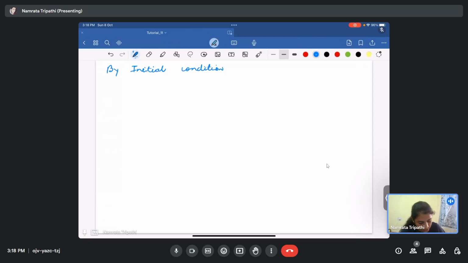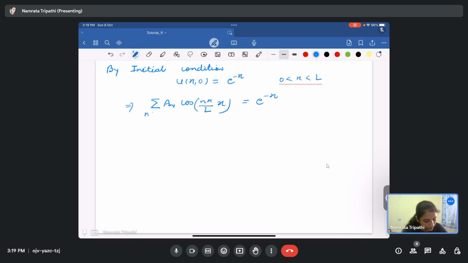What is the initial condition? u of x, 0 is e to the power minus x, where x is from 0 to L. By using this in the previous solution, after putting t equals 0, we will get the sum of an cos of n pi by L into x equals e to the power minus x.